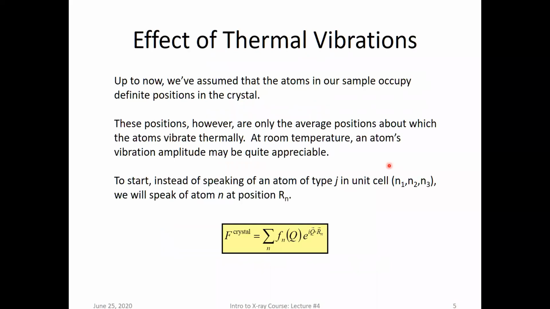So today, what I want to talk about a little bit is imperfect crystals, the effects of thermal vibrations, of lattice strain, and things like that. To do that, I think we talked about this a little bit yesterday, but we look at a generic crystal as just a set of atoms at various positions. So N in this particular case is just indexing the atoms.